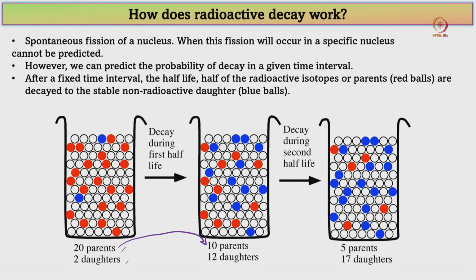Initially it was 20, now we have 10 parents, and the 20 parents have resulted in 10 new daughters. In the second half life, you leave it for another half life period, and it again goes from 10 to 5 parents, and equally 5 daughters have also formed. This kind of experiments and theoretical calculations has been done, and what we have got is an understanding of the half life.